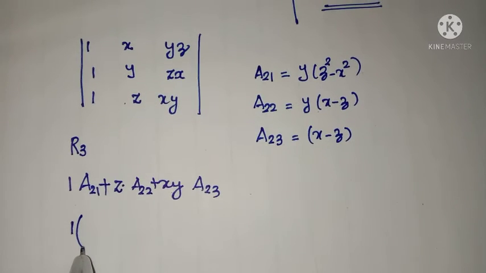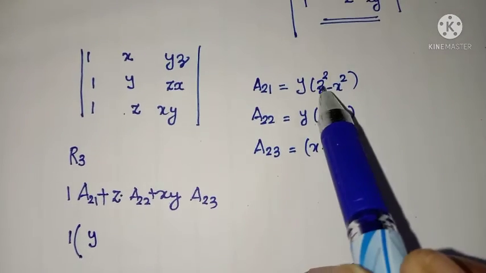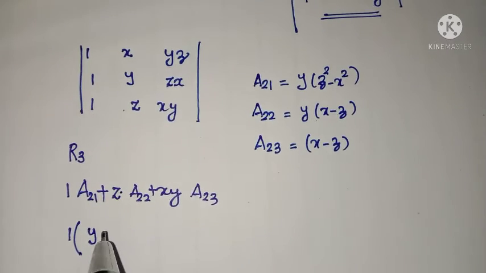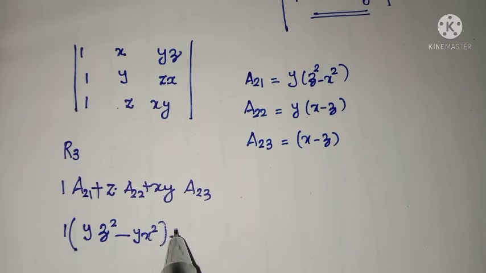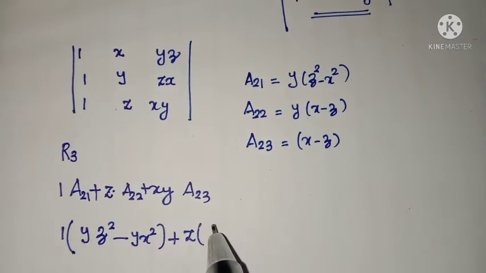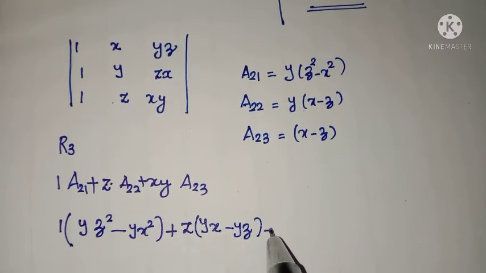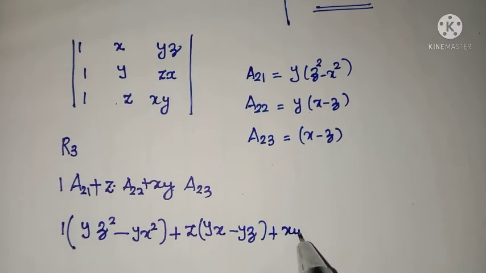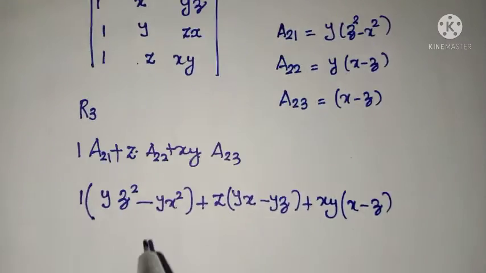So 1 into A21, that is y into z square minus x square, or yz square minus yx square, plus z into A22. A22 is yx minus yz, plus xy into A23. A23 is x minus z.